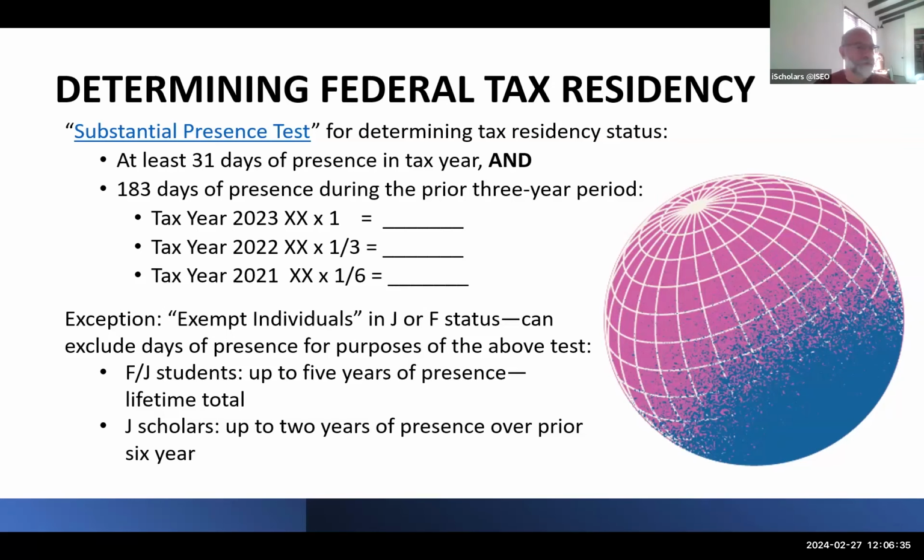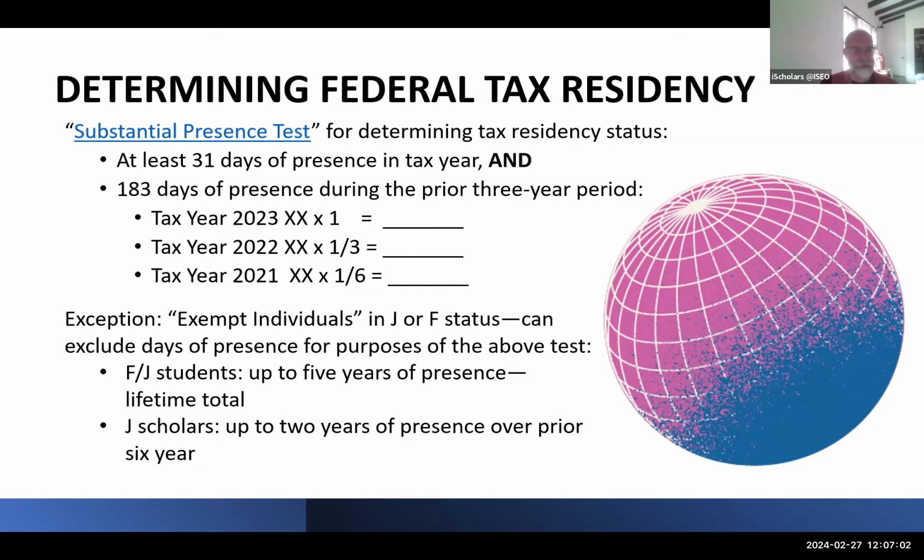But for tax year 2023, you count full days. So basically, you count all your days of 2023, and then you add in 1/3 of all your days of 2022, and then you add in 1/6 of all of your days of 2021. And if you hit that 183-day mark, then you have met the substantial presence test.